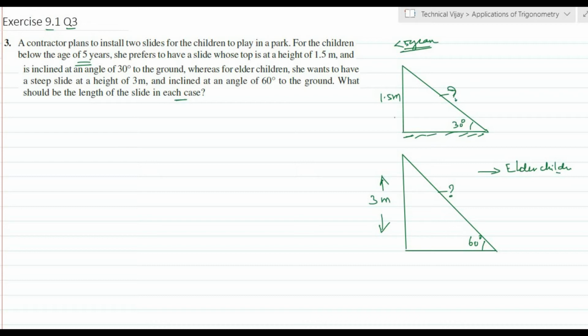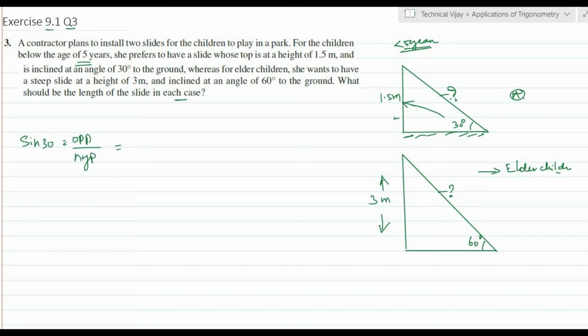So first consider this one, the slide for children below 5 years. For this we have to use a trigonometric ratio. The opposite value we know, so opposite divided by hypotenuse means sin 30. That is, sin of 30 degrees is equal to opposite divided by hypotenuse.